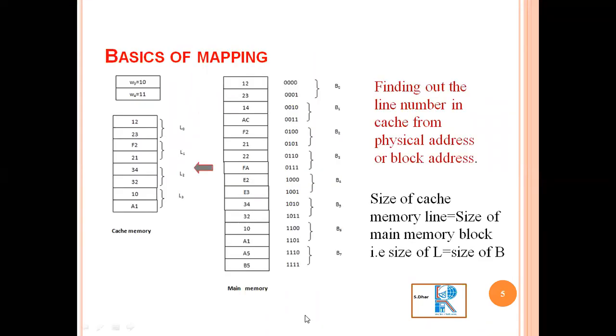That means if our block number is 6, it will go to the line number 2. That means this line, this is 00, 01, this is 10.